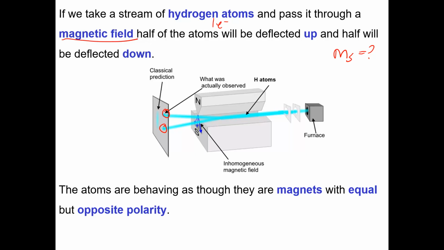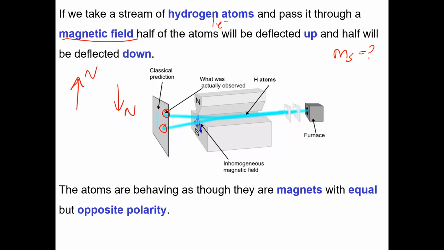That is, the atoms behave as though magnetically the direction or orientation of their magnetic pole is quantized, with half of them having their north pole directed up and half of them having their north pole directed down. That's why 50% of them go in each direction. That is, magnetically, they seem to be quantized.